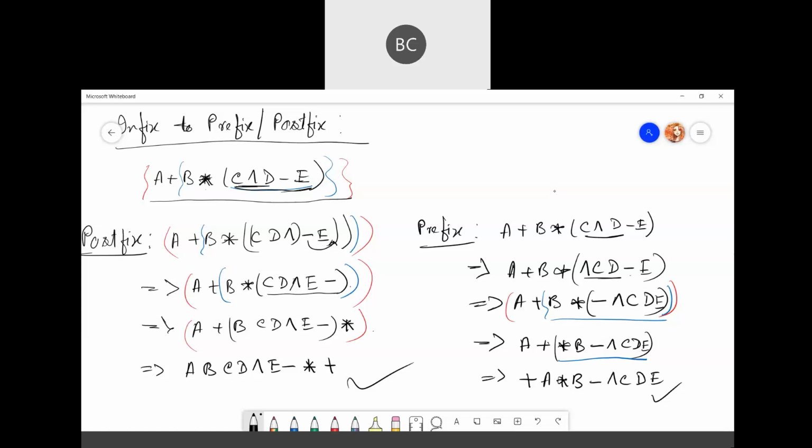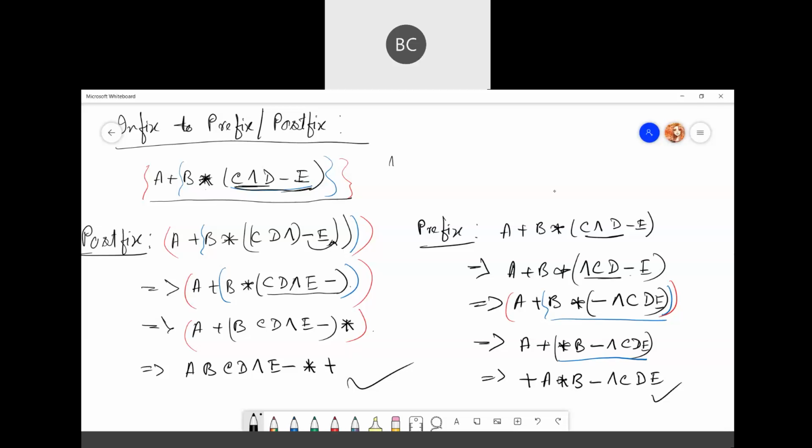In postfix, you have to follow the brackets. If brackets are not given, then you have to see the operator precedence. And if some operators have equal precedence, then we have to go for the associativity. Highest precedence is for the exponential.